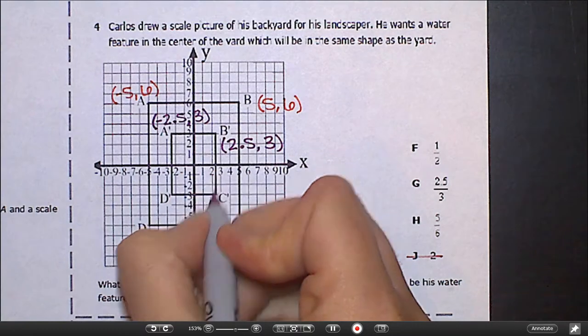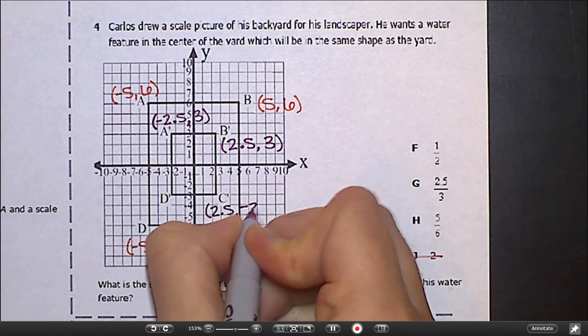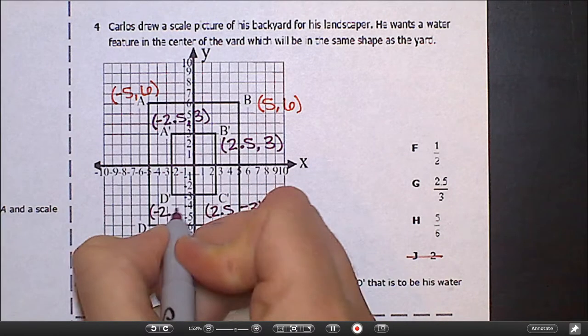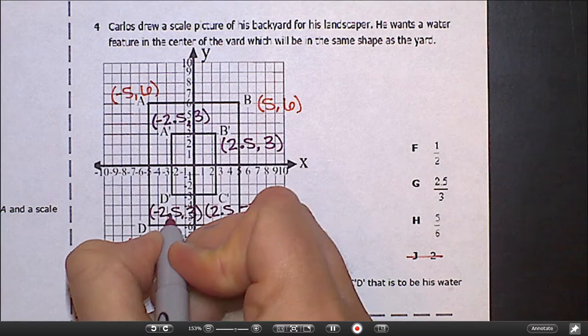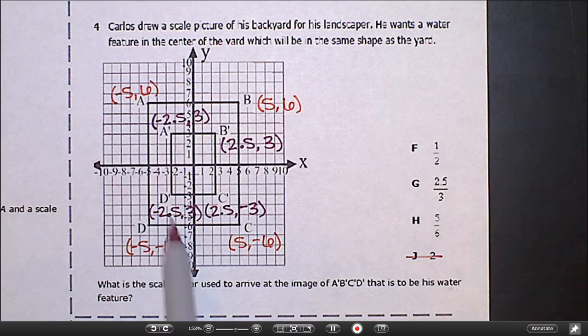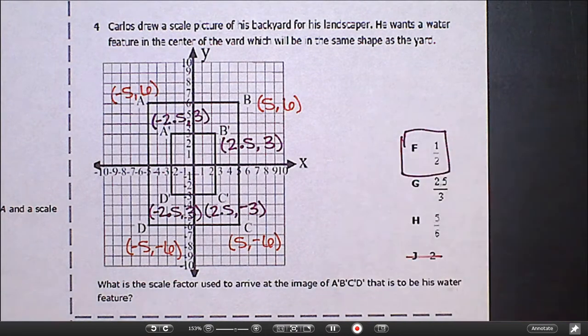Here this is 2.5, negative 3, and this is negative 2.5, negative 3. So again, this cut in half would be this. This times 1/2 is this, 1/2, and this is 1/2. So that means that 1/2 would be our scale factor.